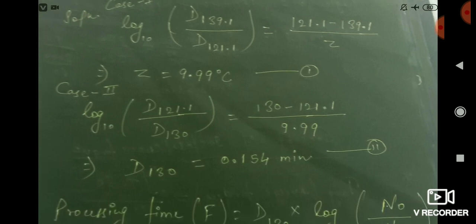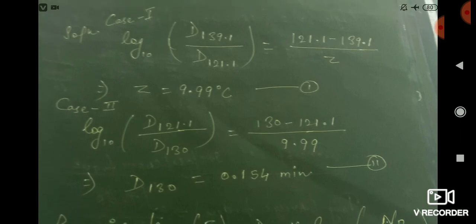Our first motto is to calculate the D value at 130. For that we have to calculate the Z value first, that is 9.99. And friends, in the second case I have written log base 10 D121.1 divided by D130 is equal to 130 minus 121.1 divided by 9.99, and I have got the D130 value, that is 0.154 minutes.